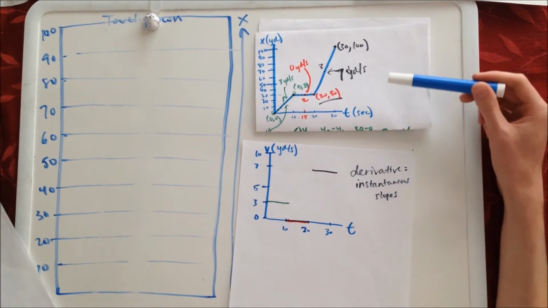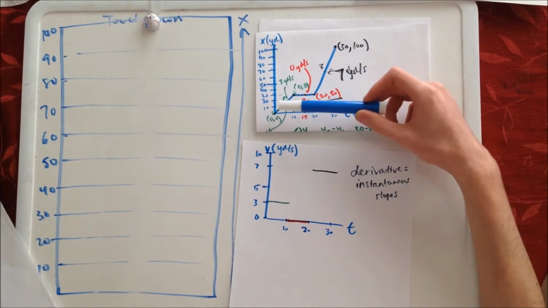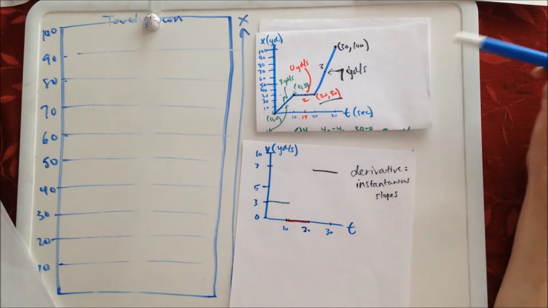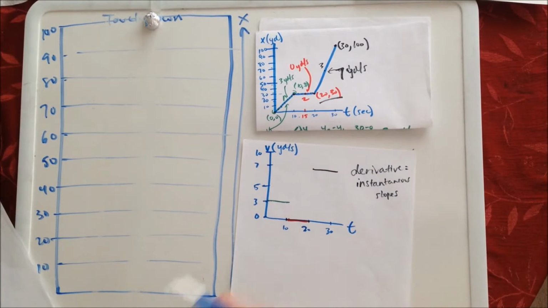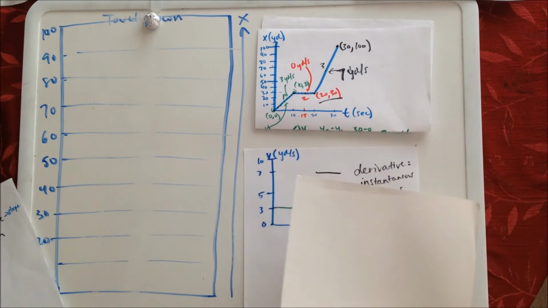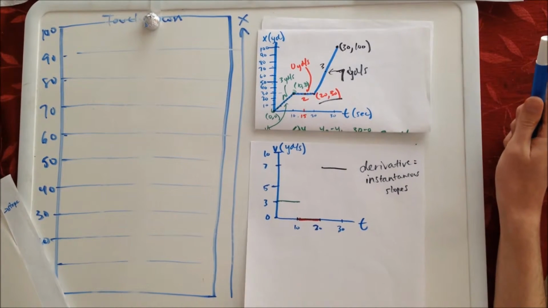So taking the derivative of this graph, which was just a set of lines, was pretty easy because you knew how to find the slope at every point on here. But you don't know how to find the slopes or how to take the derivative of a graph like, let's say, x equals t squared.